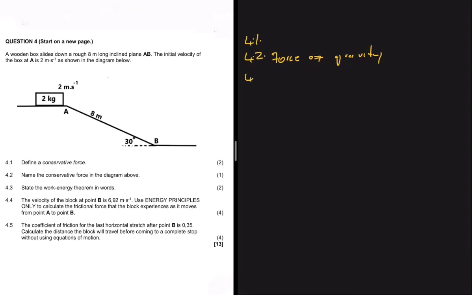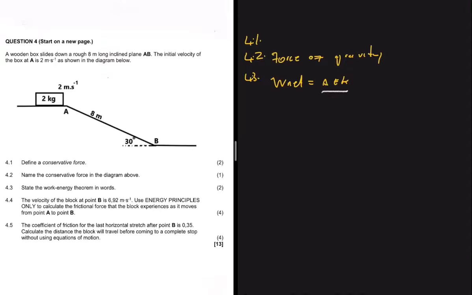Moving to 4.3, it is saying let's state the work energy theorem in words. So we have work net being equal to the change in EK, and that in words goes as follows. The net work done on an object is equal to the object's change in kinetic energy.